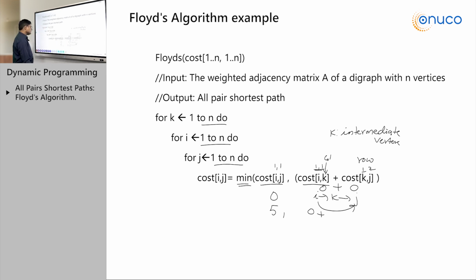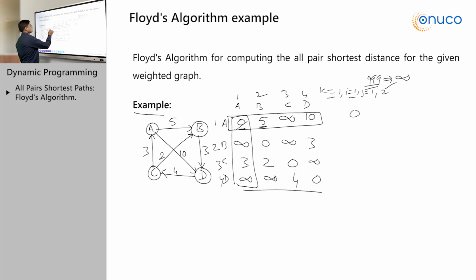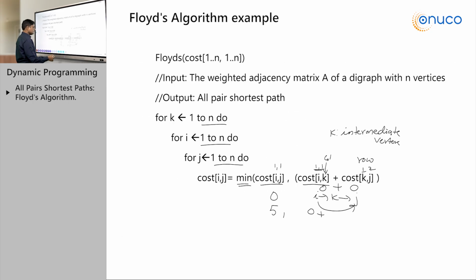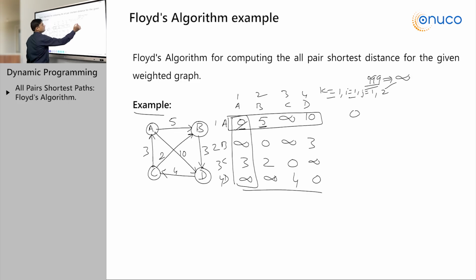So let us see what the value of 1 2 is. 1 2 is 5 only. So it remains 0 plus 5. So 5 and 5, the minimum is 5 only, so there is no problem. So you write 5 here, no change.